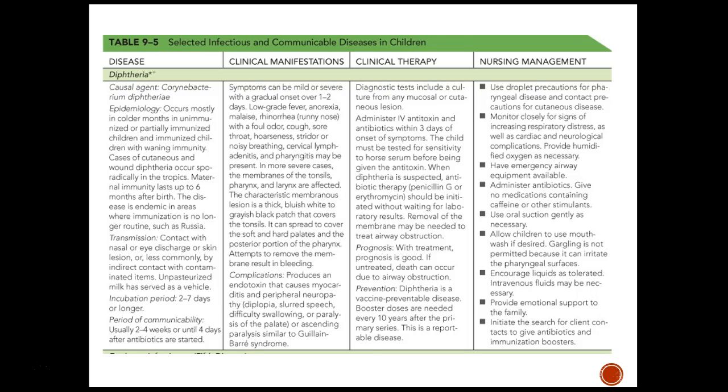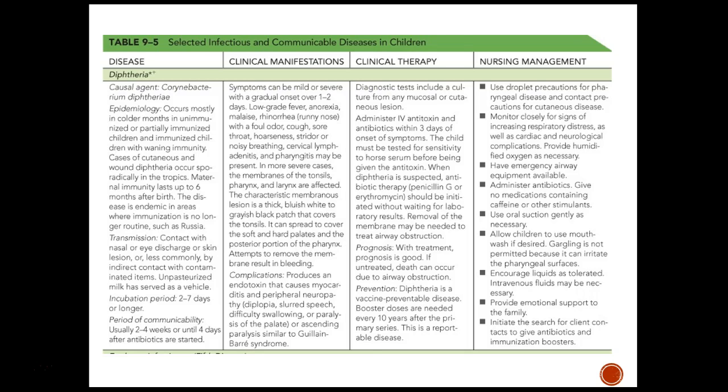Usually what we see is a low-grade fever with anorexia and malaise. These people typically tend to have a runny nose with foul odor, a cough, sore throat, hoarseness, and noisy breathing. And then they get these characteristic membranous lesions.